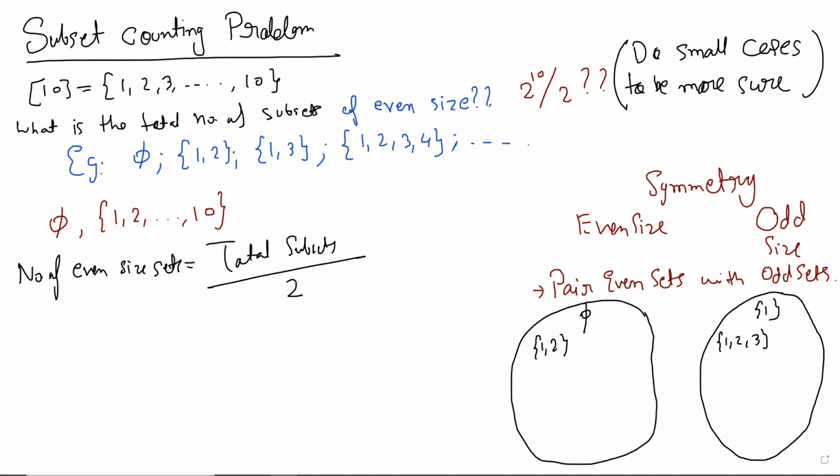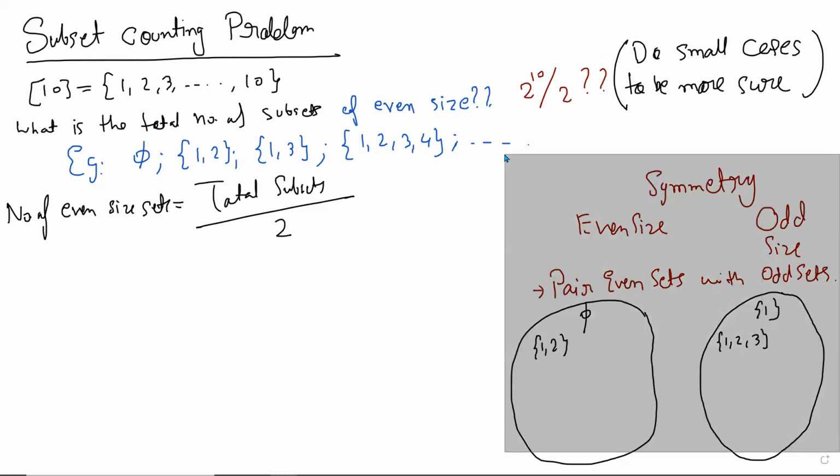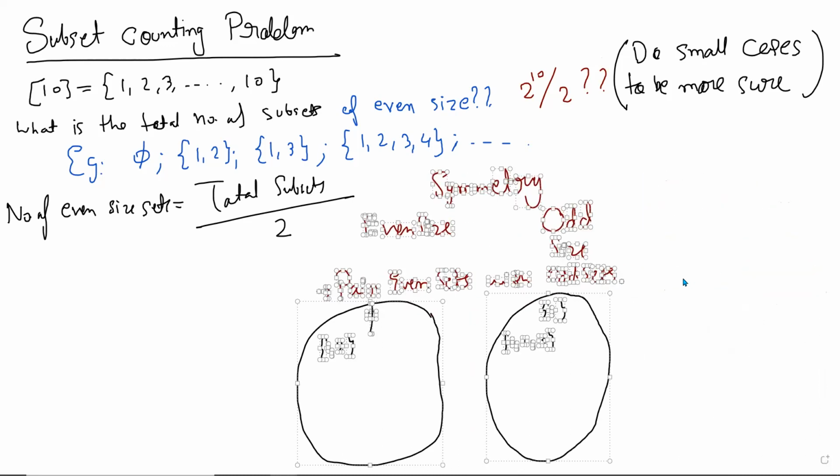So let's give ourselves some time and think about this. And maybe you can do it in other ways also. But if this was an MCQ, then you would already know the answer is half. Okay, so that is just a small point.